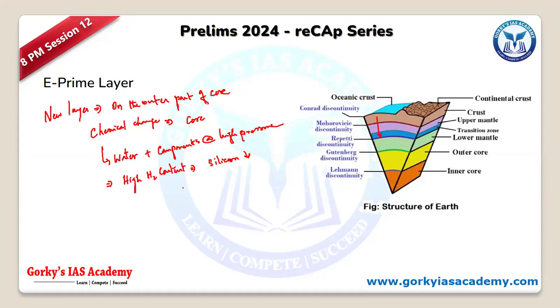Likewise, the options can be even simpler. So all these are there. Clear? Yes, sir. Okay. So they won't make it much difficult here. They'll typically be asking a simple question, but a confusing question will be there. So try to be clear with the layers of core, mantle and crust.